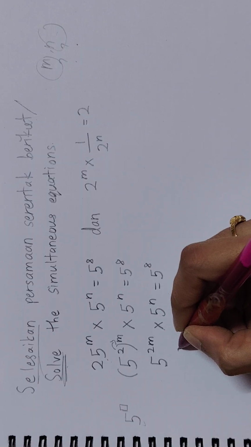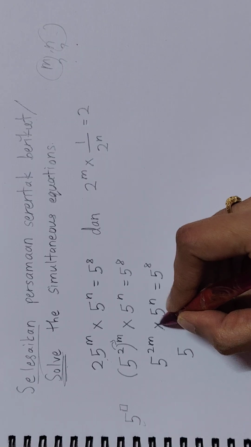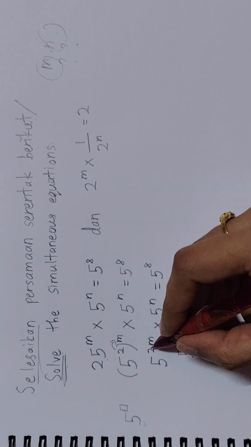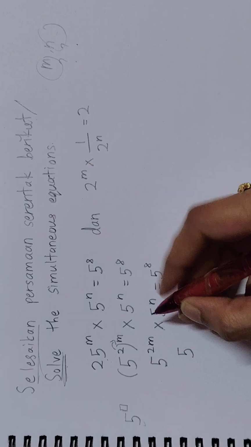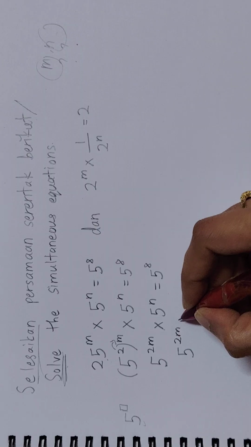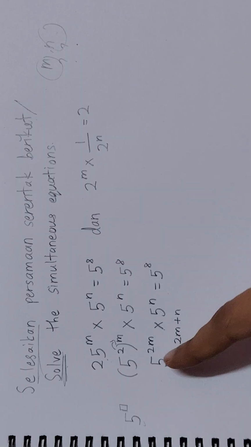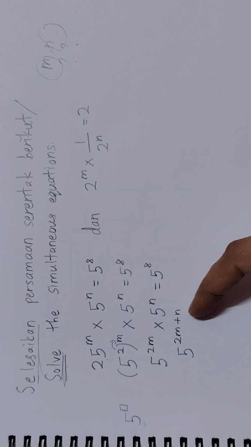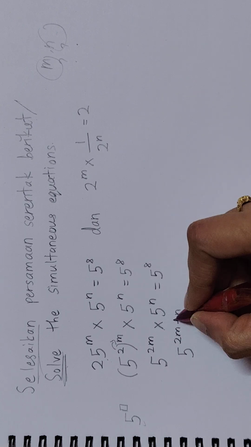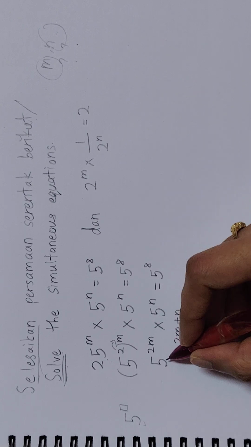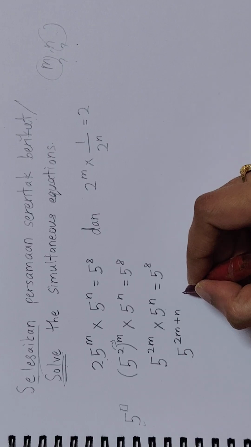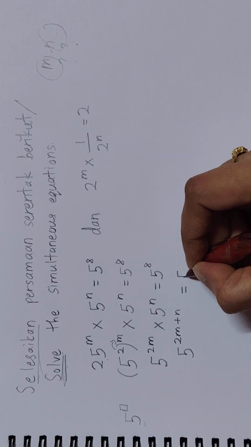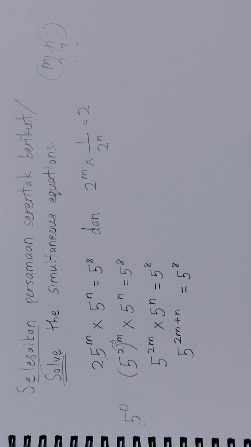Okay, 5 we will put 5, and then since this is times, the same base and then times, the power we can plus: 2m plus n. Why did I put plus? Because we have times. Whenever you have the same base and you have times, the power you can plus. Equals to 5 power 8.